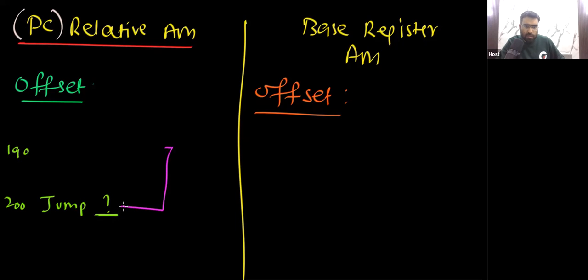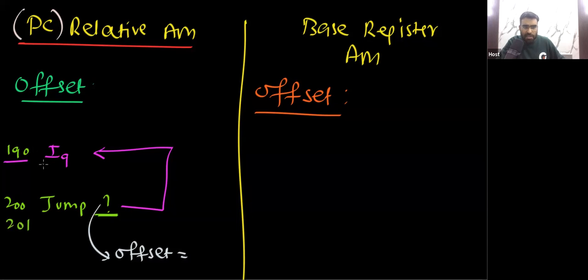Now you tell me what your offset value will be. You can see that will be 201 minus 190, that is 11. Minus 11. Yes or no? Is this clear? That will be minus 11.